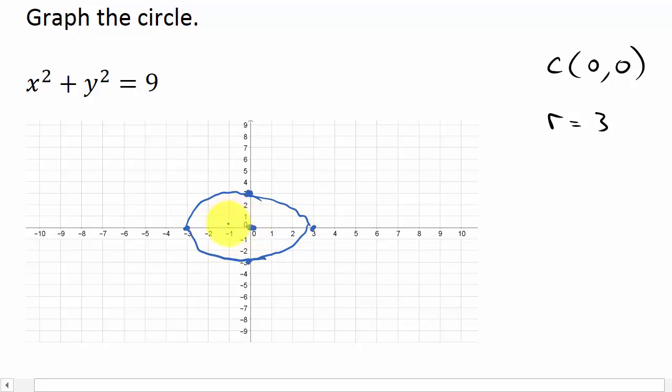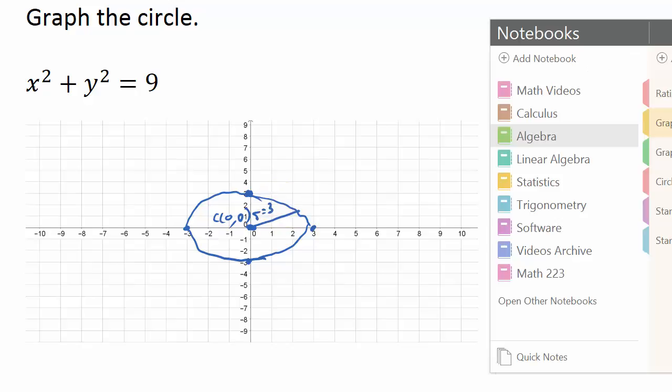So here's our center, (0, 0), and my radius r is 3. Basically that's what you do. You plot the center, and then you go to the right, to the left, up and down, whatever the radius is. Okay, let's take a look at another one.